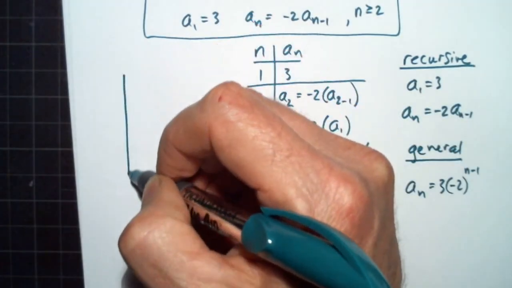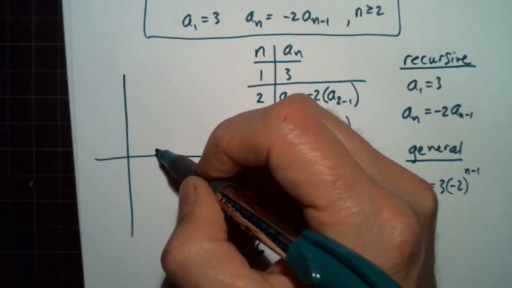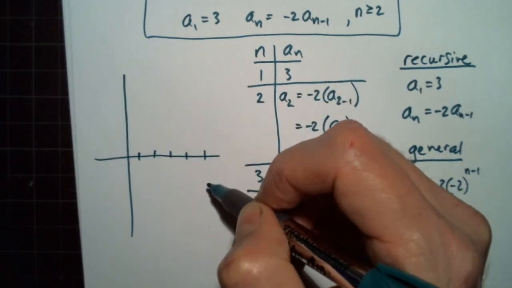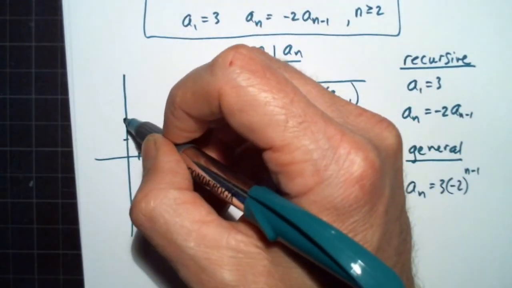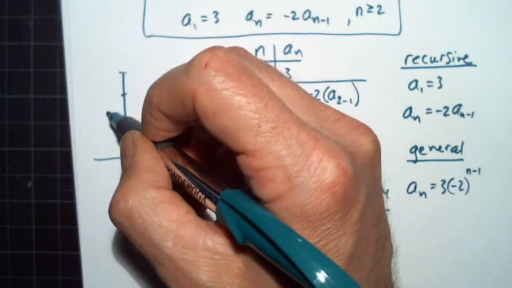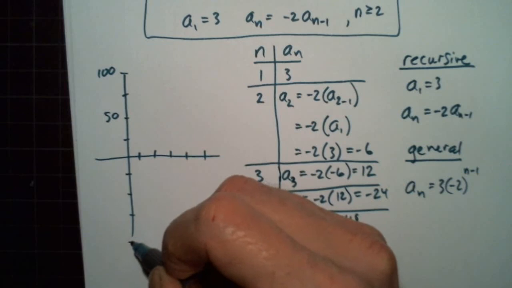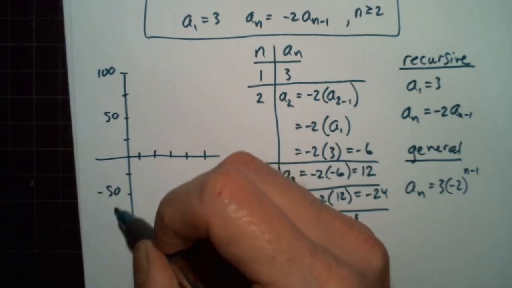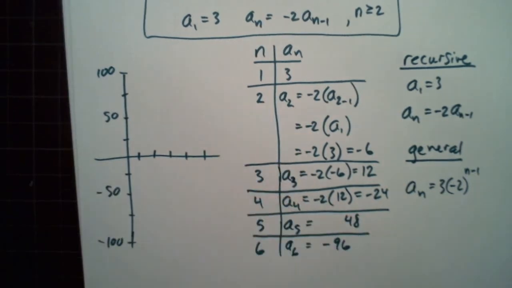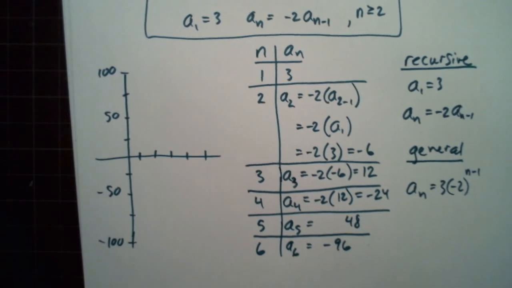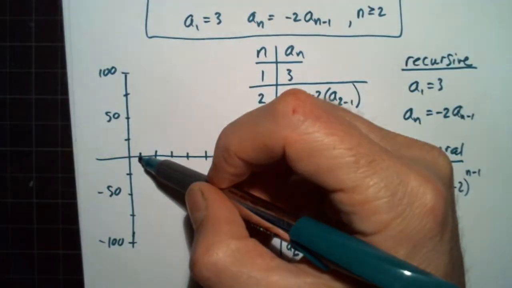And if we look at the graph, at 1, we'll go to 3.